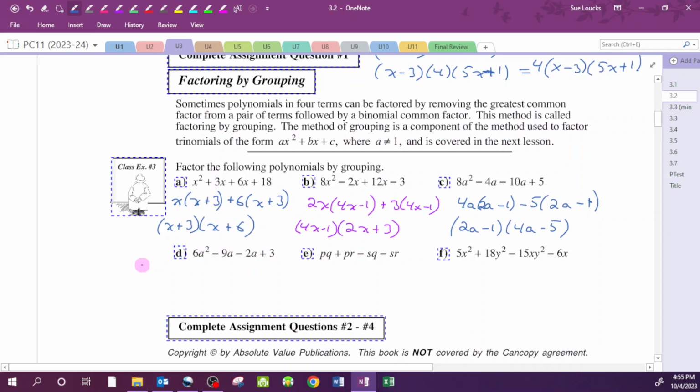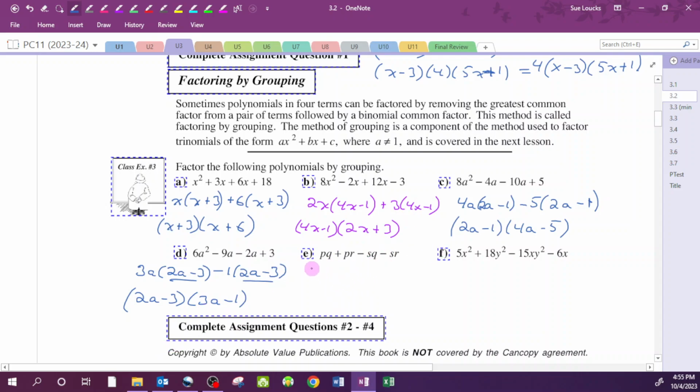Here I've got 3a times 2a minus 3 minus, what can I factor out there? Nothing except a 1. So I can factor out a -1, leaving me with 2a minus 3, making these two the same. So I've got 2a minus 3 times 3a minus 1.